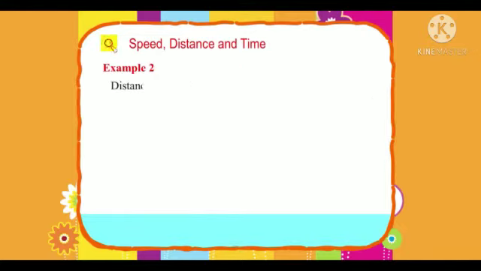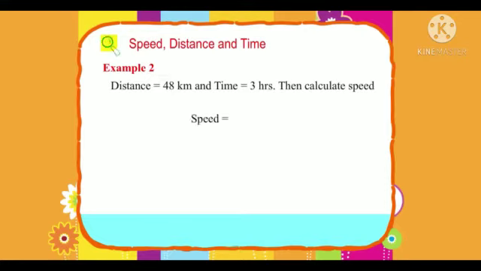Next example. Distance is equal to 48 kilometers and time is equal to 3 hours. Then calculate speed. Speed is equal to distance by time. 48 by 3, which is equal to 16 kilometers per hour.